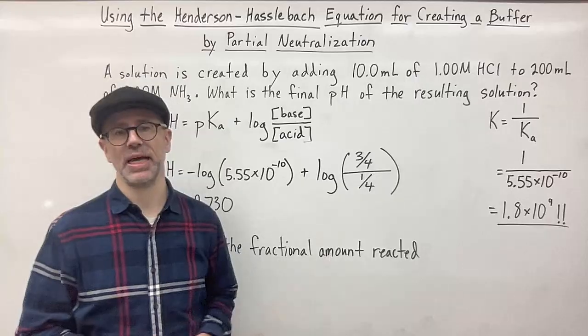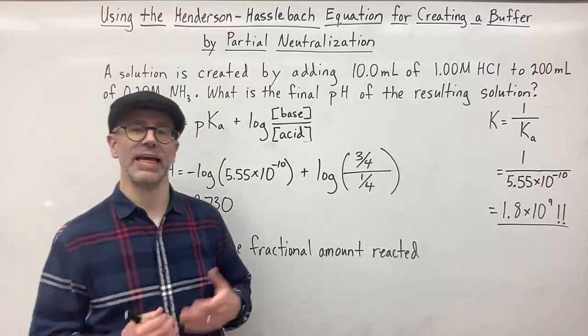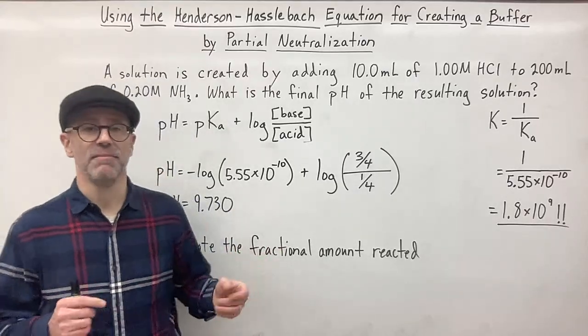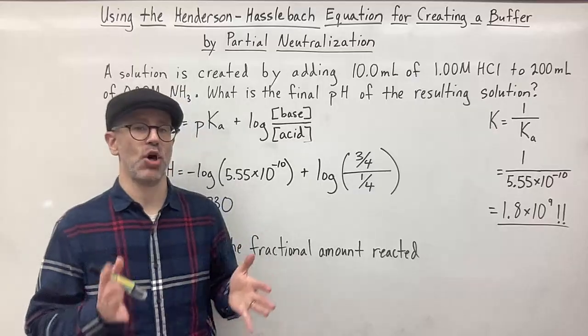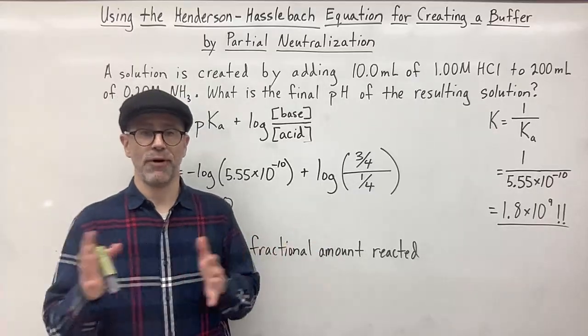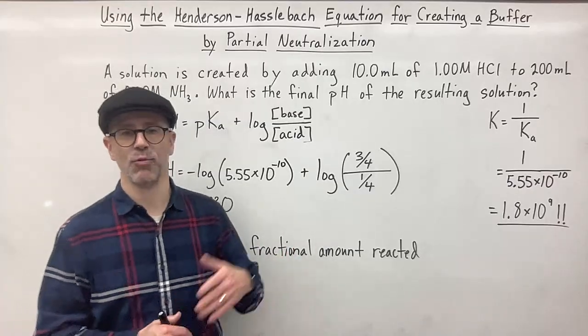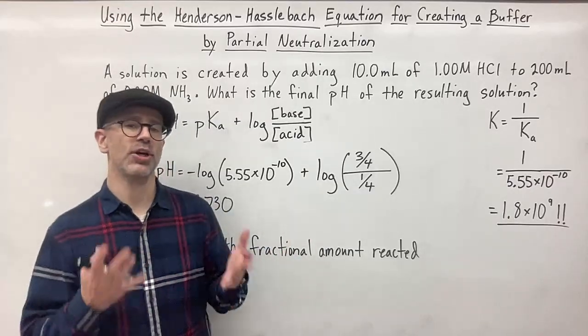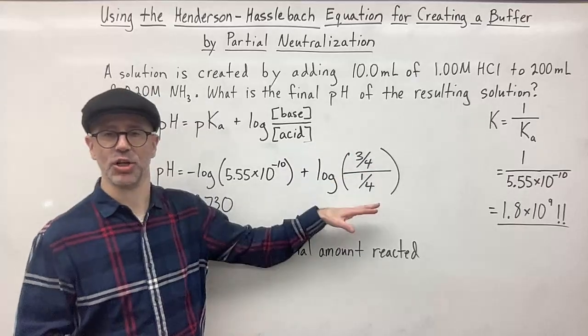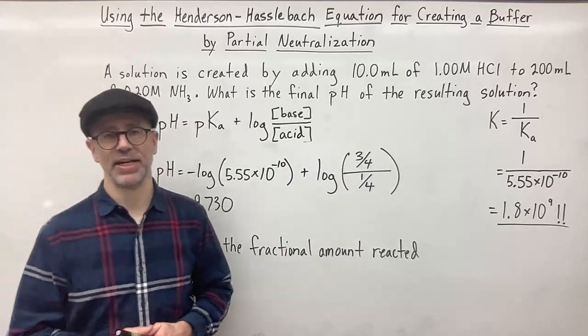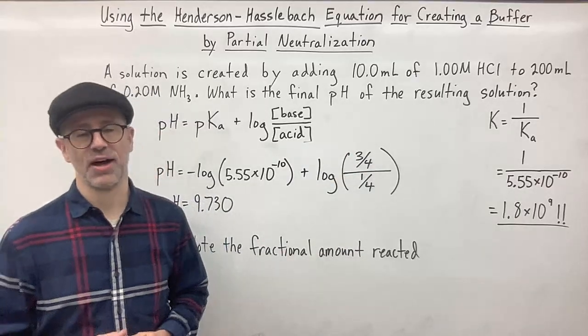And then finally, if you notice that there's a fractional amount, maybe an easy, clear fraction like 1/2, 1/4, 1/3, you can plug in the fractional amount and calculate the pH that way.